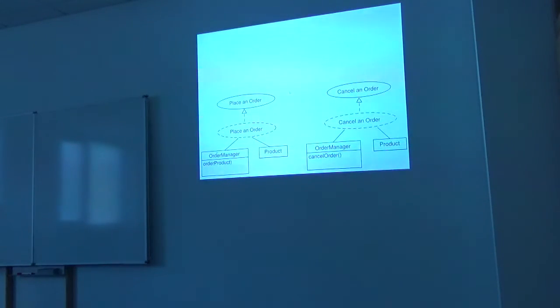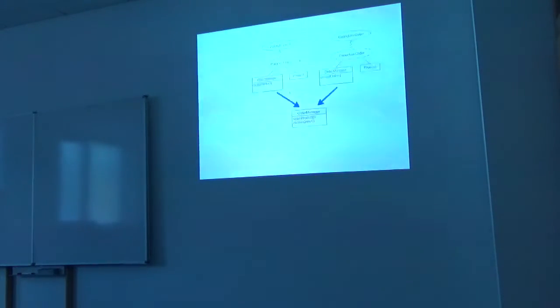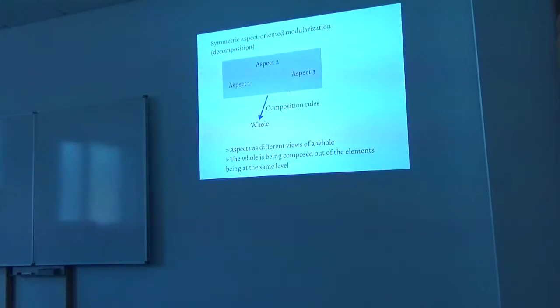and you compose these equally important aspects into a whole. So this is a bit of a different composition than the one that I showed you before, and it's called symmetric aspect-oriented modularization. We will also get back to this notion later, but the essence is that the whole is composed out of equally important aspects.